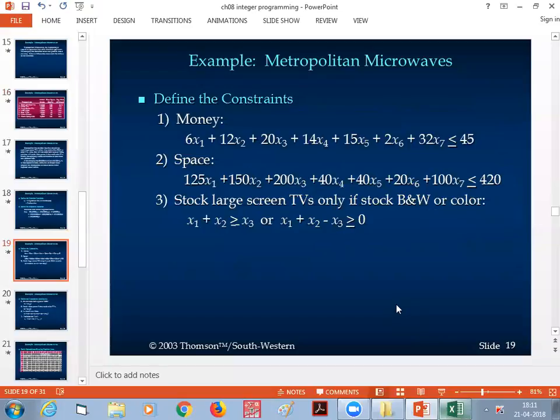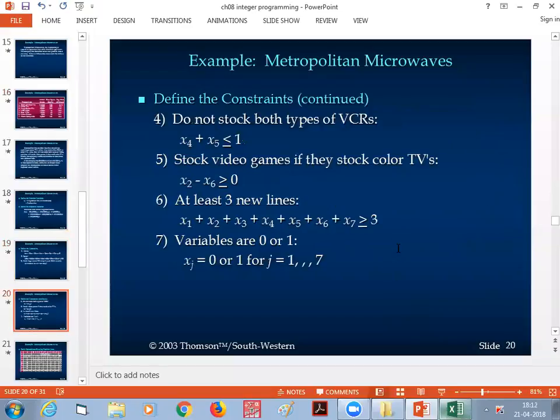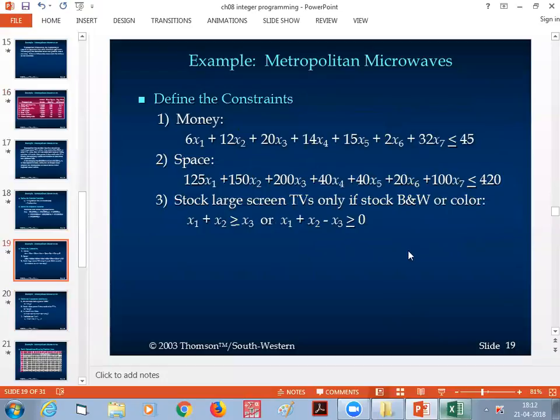So X1 plus X2 minus X3 should be greater than or equal to 0. I'll put everything as less than or equal to. All right. So minus X1 minus X2 plus X3 is less than or equal to 0.